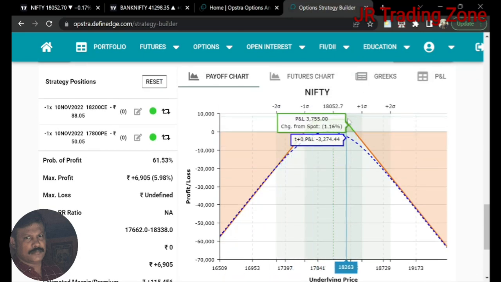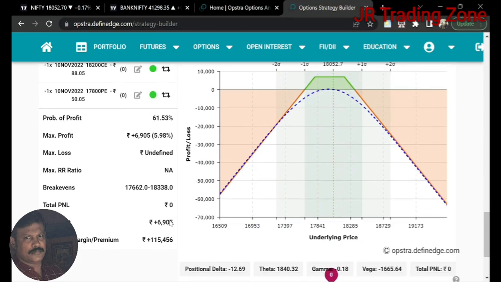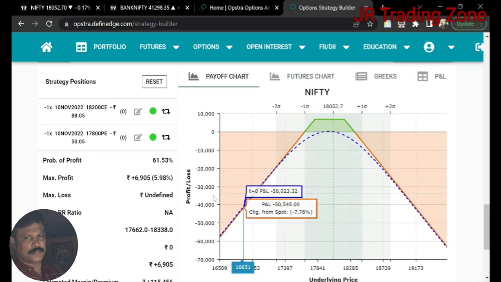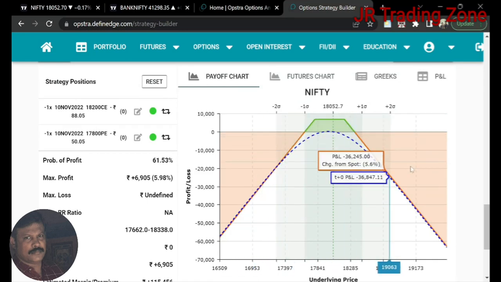If the market stays between this range, that is, between the two break evens, 17,662 on the downside and 18,388 on the upside, you are going to get this 6,905, that is 5.98% returns, and the probability of making profit is 61.53. If you are a less risk taker, you can increase the range further.